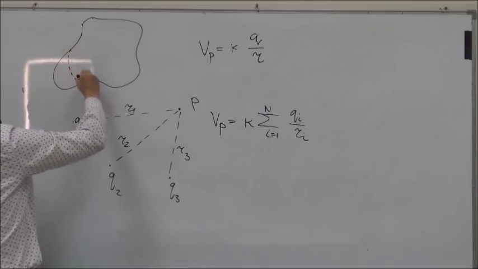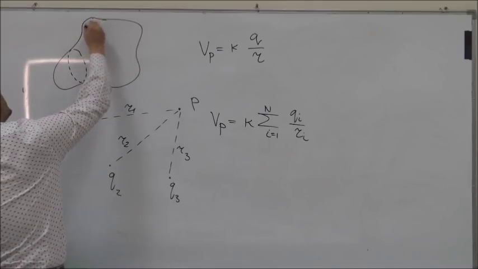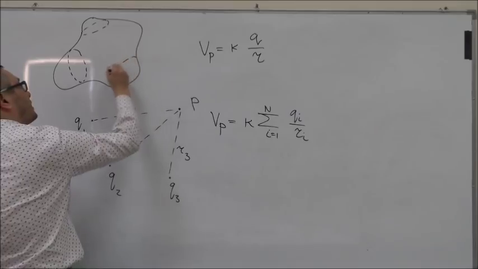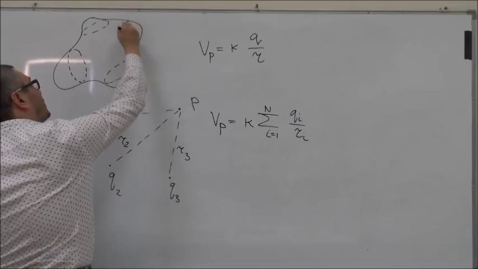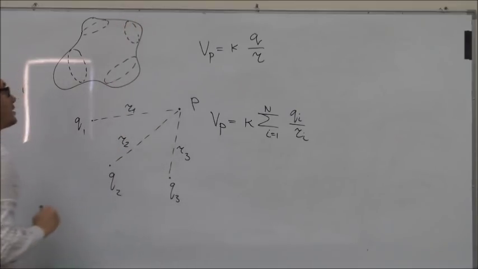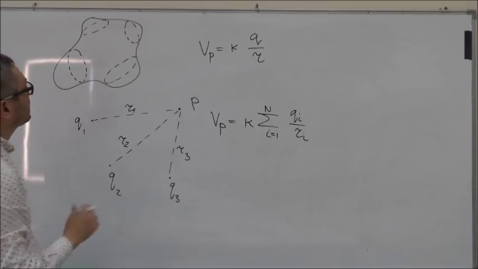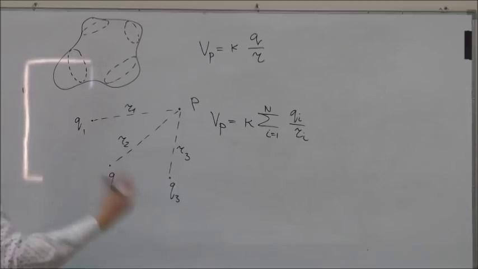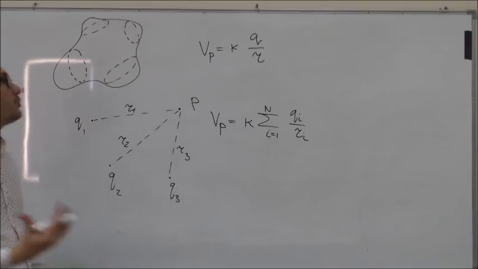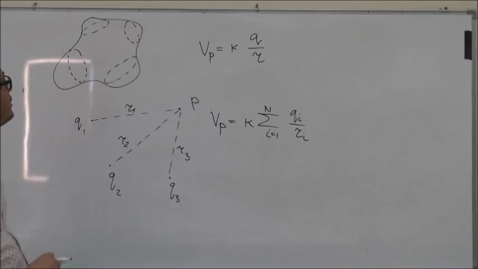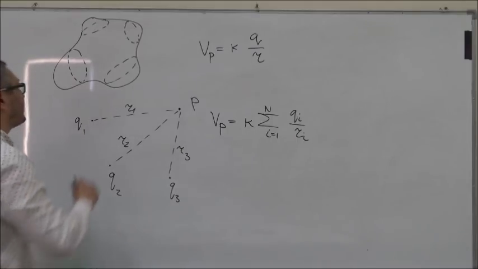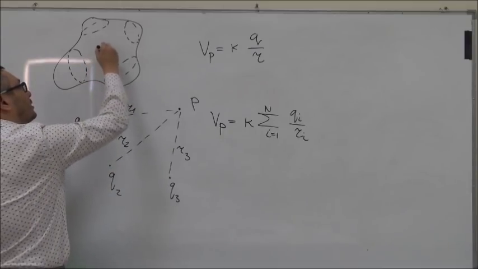It is some kind of 3D shape, and let's say that it has some charge which is distributed over the entire volume of that three-dimensional object. The charge doesn't have to be distributed uniformly, but let's say that we divide this 3D shape into small pieces, and let's look at one small piece.